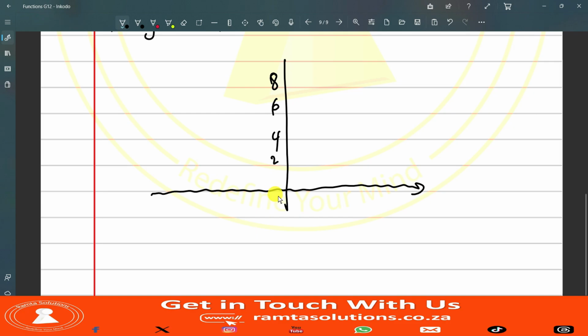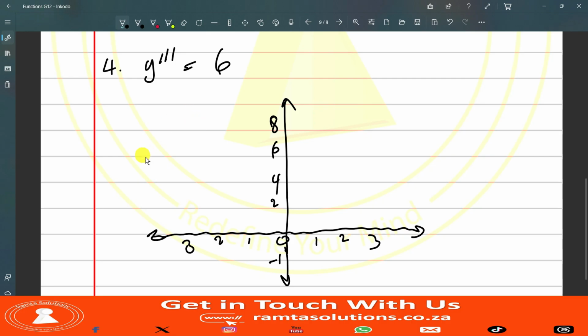Nice. 1, 2, 3, even though I don't need it. I don't really need these values. So with this one, we say y equals 6. Where is it? It is this line here. So y triple prime. Do you see that?